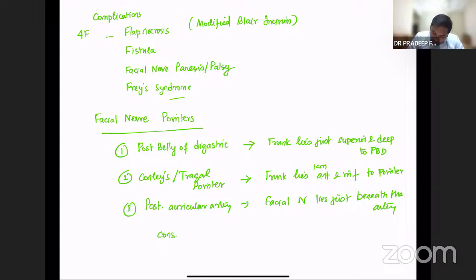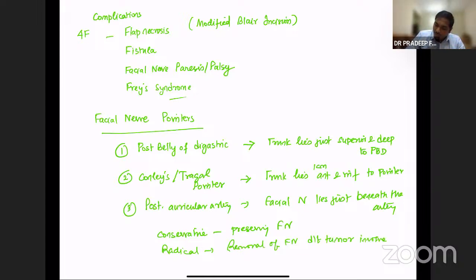Conservative parotidectomies are nothing but preserving the facial nerve. Radical parotidectomy is removal of the facial nerve due to tumor involvement, not due to poor skill. Only due to tumor involvement do you have to remove the facial nerve.